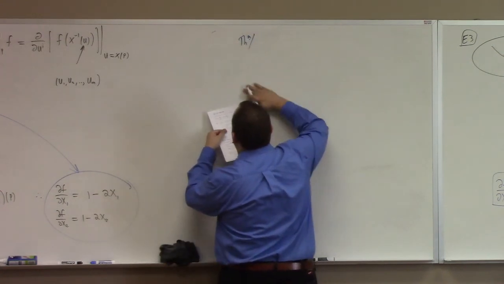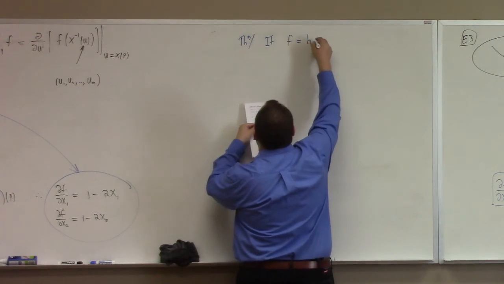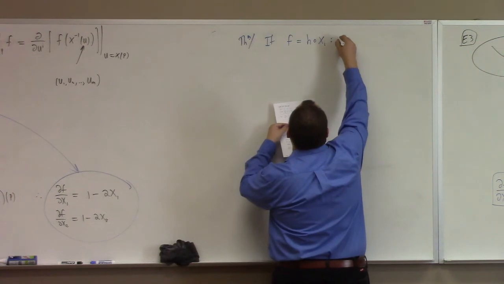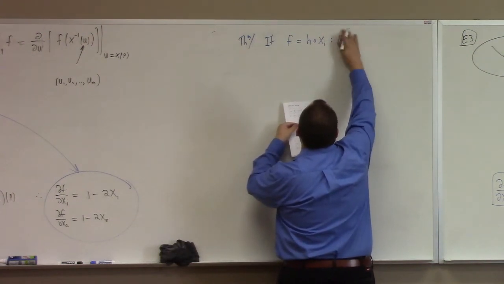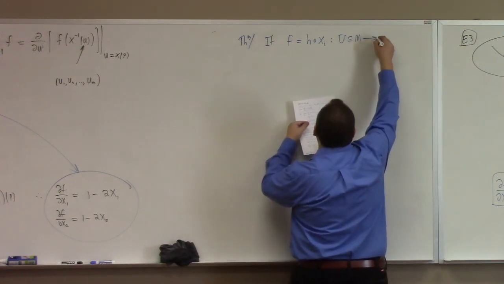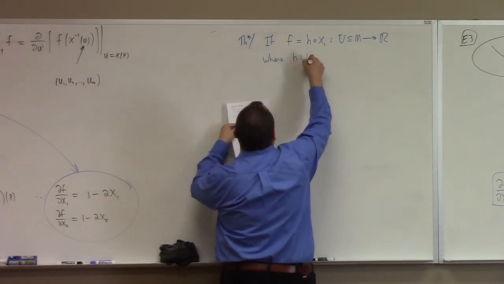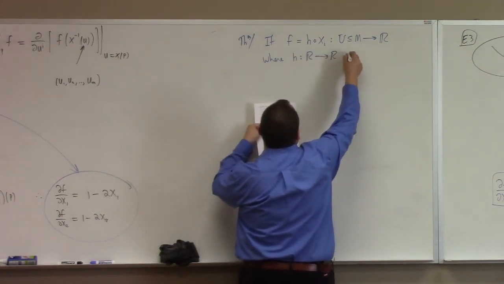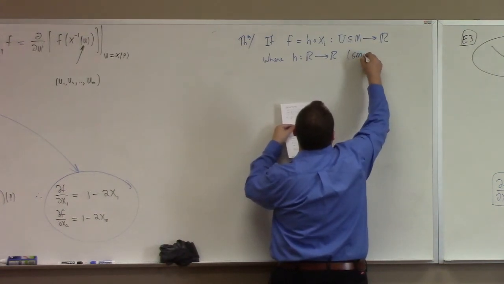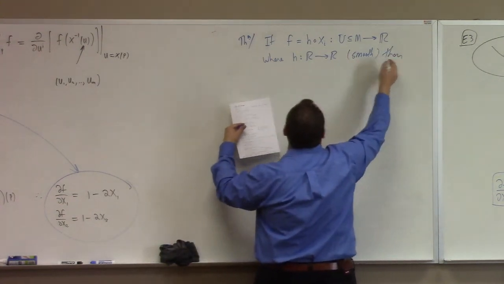Theorem. If we have f equal to some function h composed with xi, where xi is a function from U, which is a subset of the manifold, to the reals, and h is a function from the reals to the reals, differentiable. Let's say smooth, let's be greedy. Smooth. Then I think you guys can tell me what's going to happen.